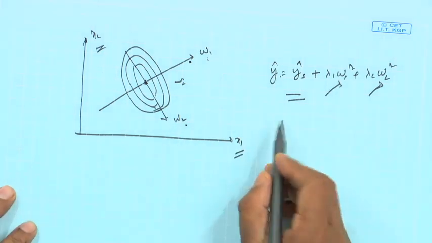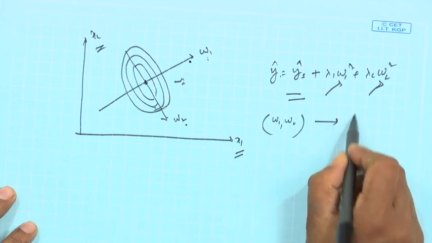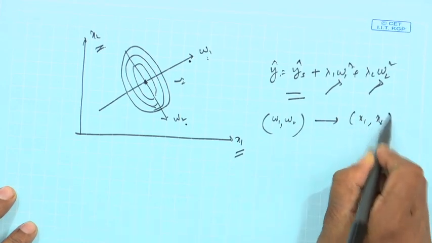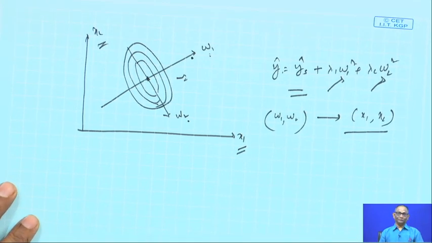So, W1 and W2, this dimension, there must be a relation with the x1 and x2 dimension. How do you know?